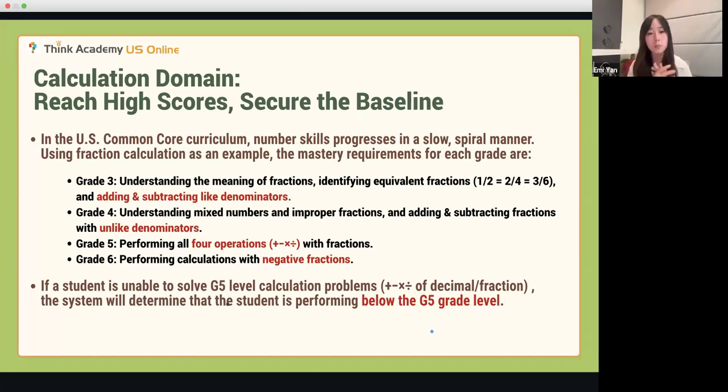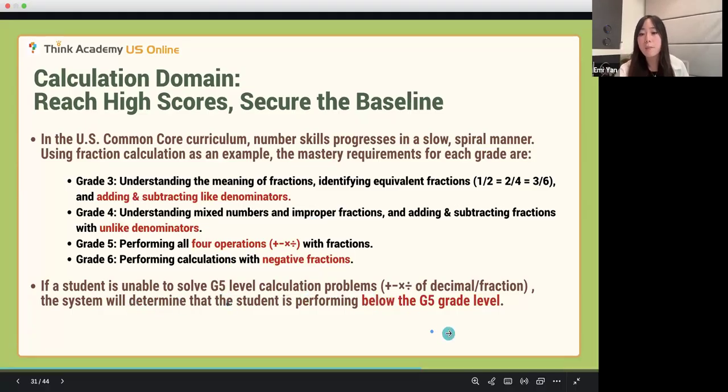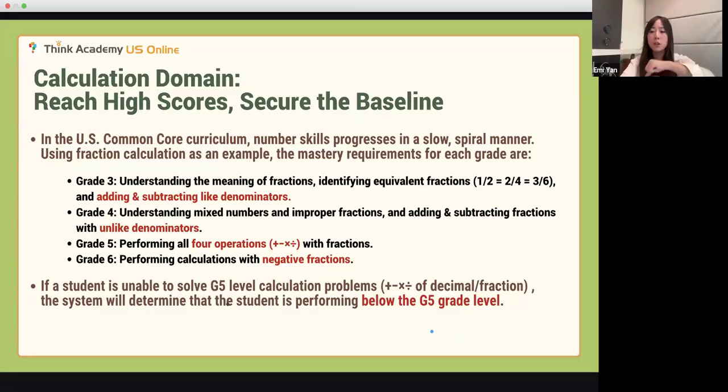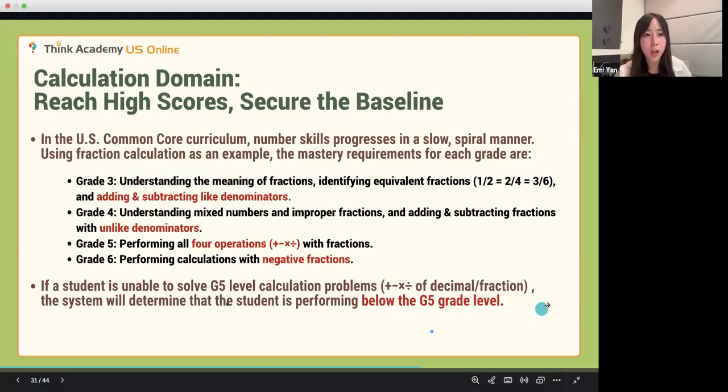For grade 6, performing calculations with negative fractions. Everything gets a little more difficult in a higher grade. So if a student is unable to solve grade 5 level calculation problems, for example add, subtract, multiply, divide of decimals or fractions, then the system will determine that the student is performing below grade level. It's scary if you cannot do your calculation correctly.